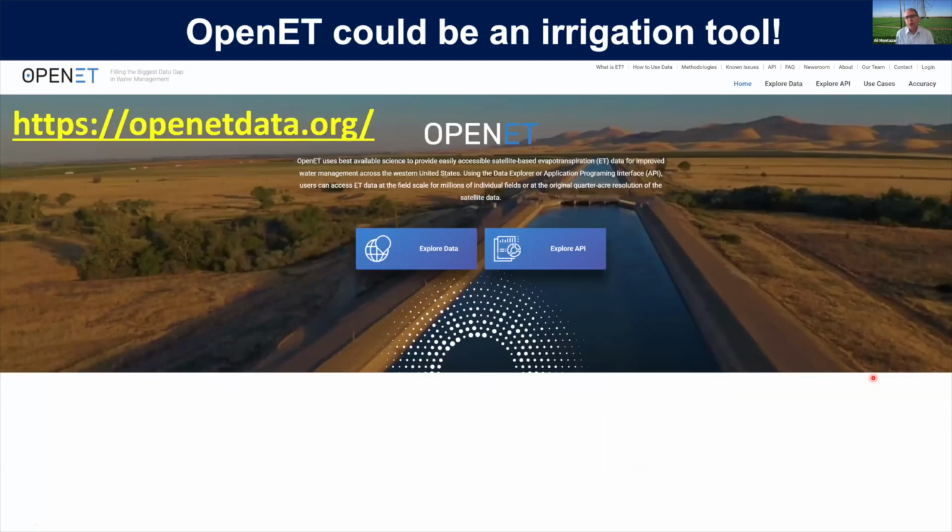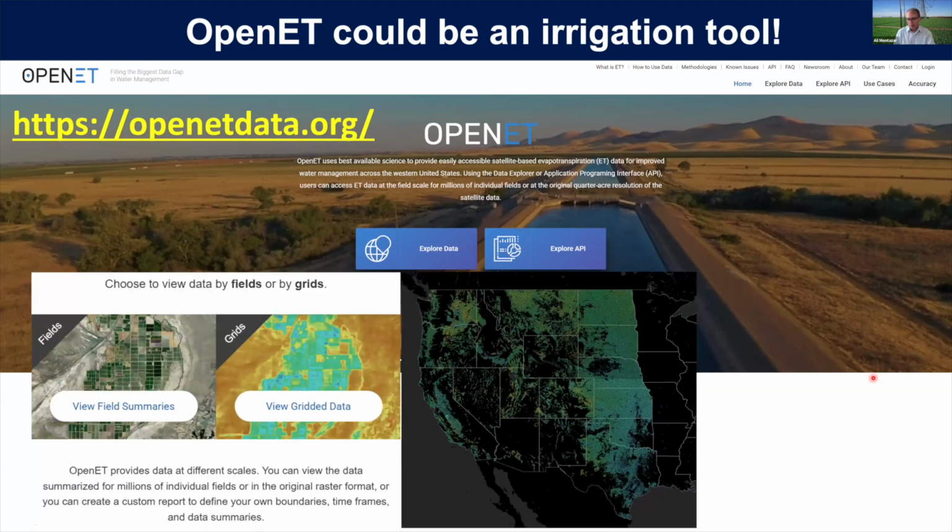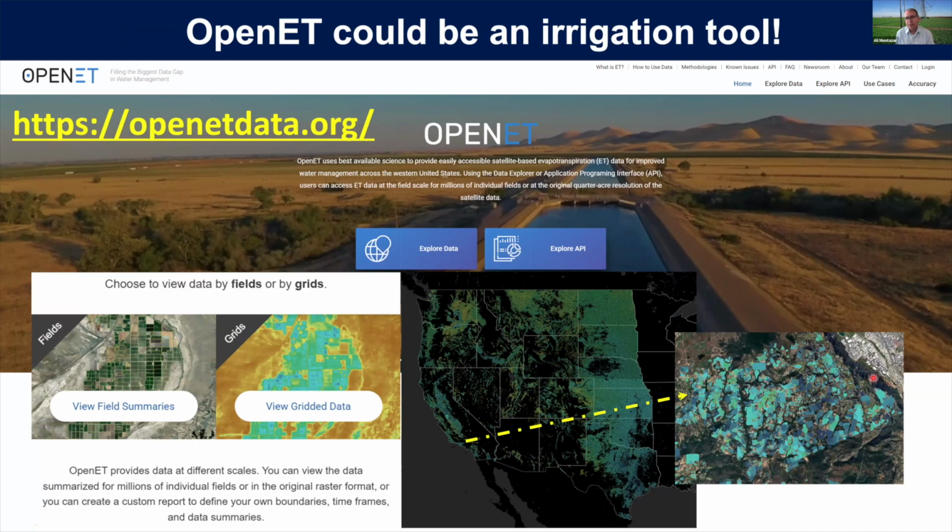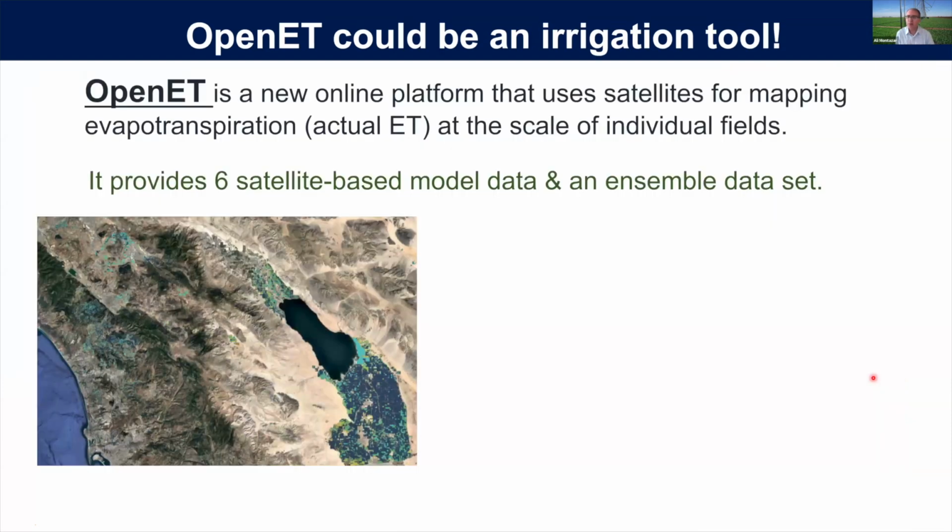So this is another tool, OpenET. This is a free, satellite-based tool. OpenET can provide you the actual ET estimation for your orchard. So what you need to do is go to this website, find your orchard, and then it can provide you the crop water needs of your orchard.